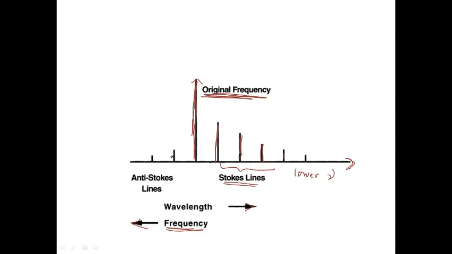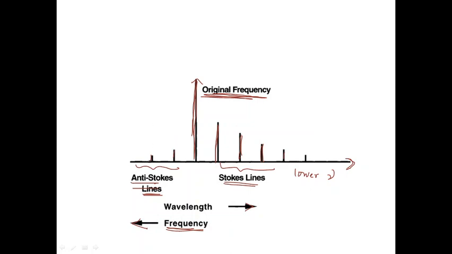And there are also some lines that have higher frequency than the incident frequency, and they actually form the anti-Stokes lines. And as we have seen, Stokes lines are produced due to the gaining of energy by molecules, thereby losing of energy by photons, and anti-Stokes lines are formed by supplying of energy to the photons by the excited molecules.